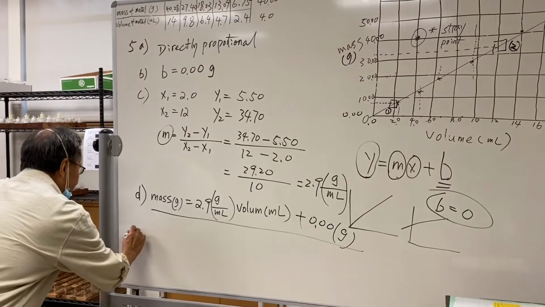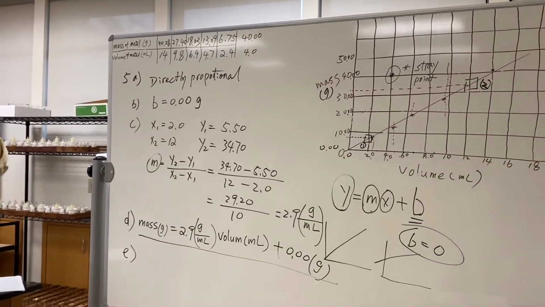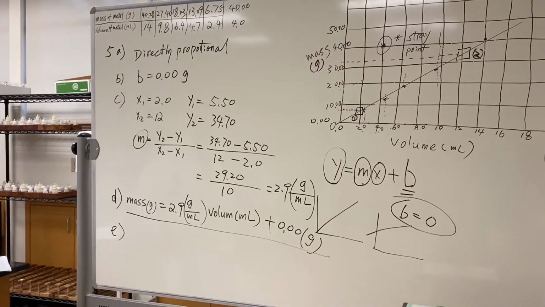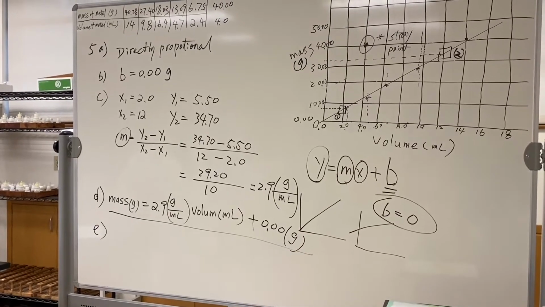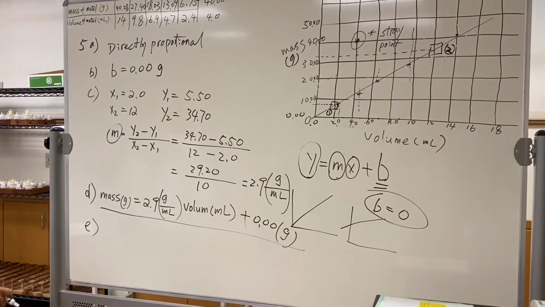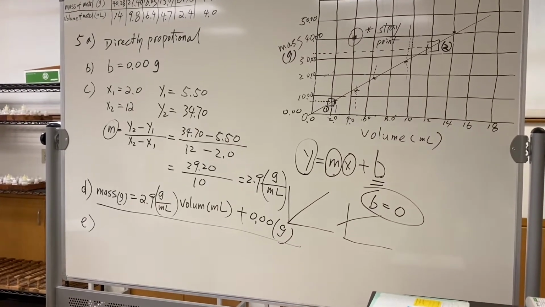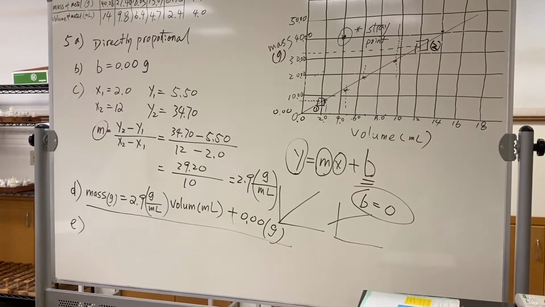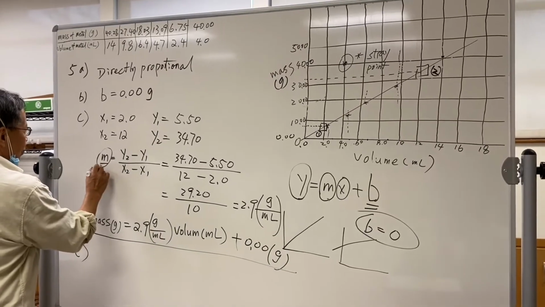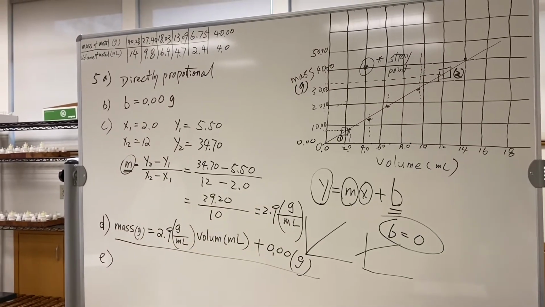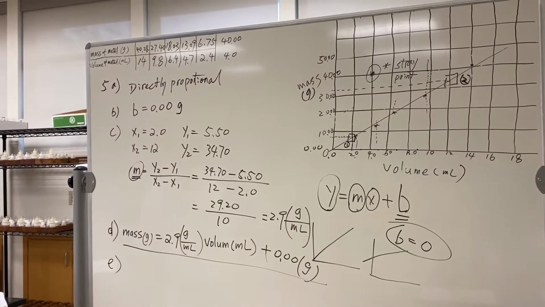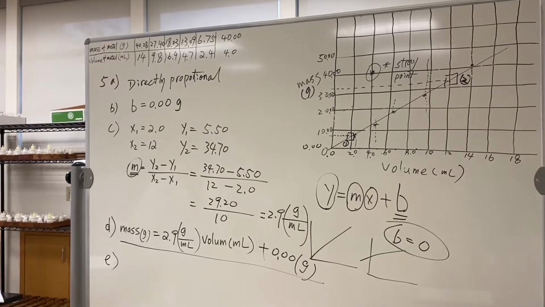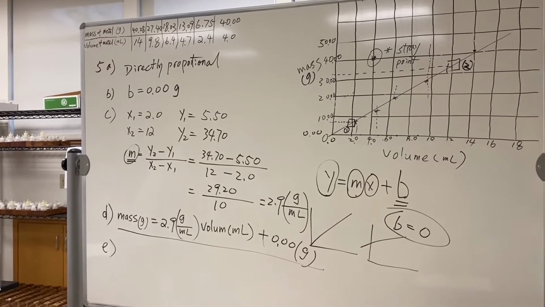Number E. It's a thinking question. You are asked what property of the metal is represented by the slope. Remember, slope is our m. And we give you a little hint. It says, look at the unit.